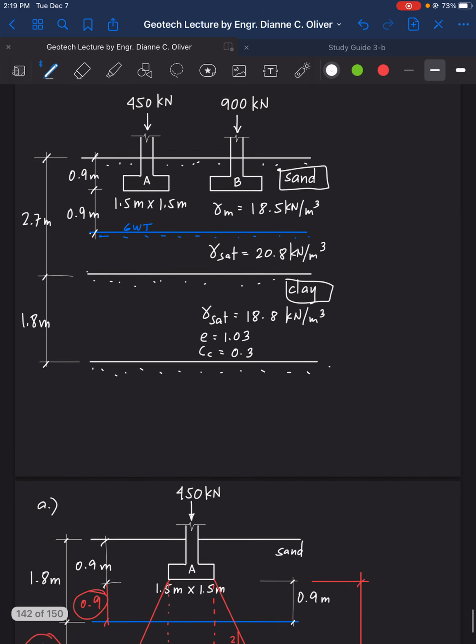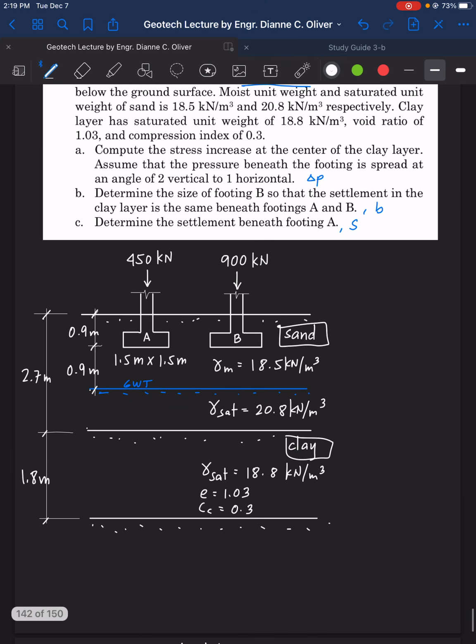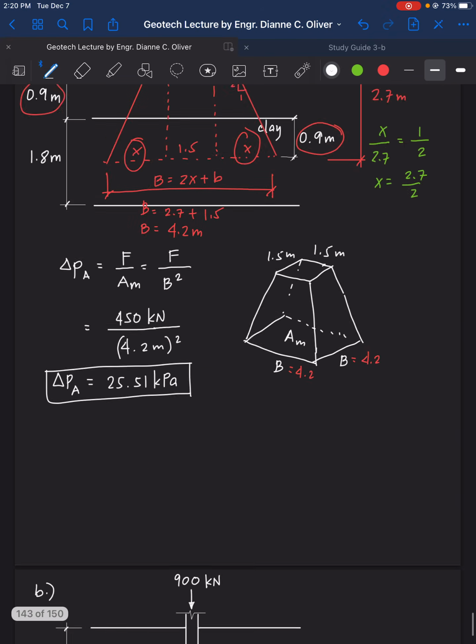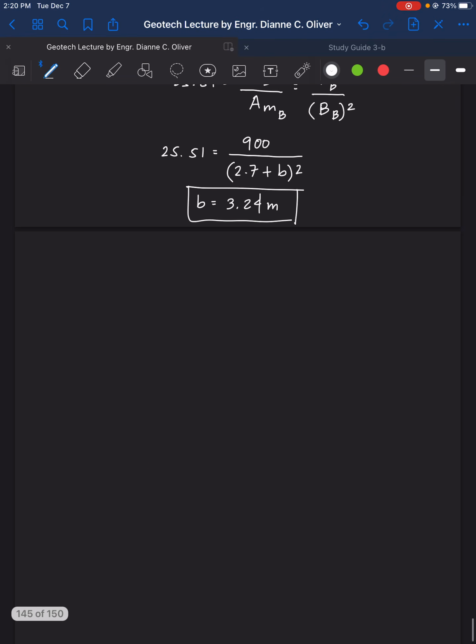Let's go to letter C. Determine the settlement beneath footing A. So the settlement of A is the same as the settlement of B. But let's take the A. Okay?